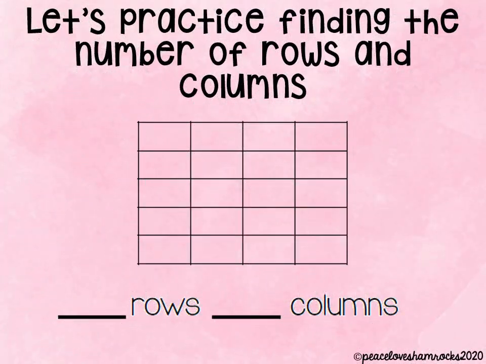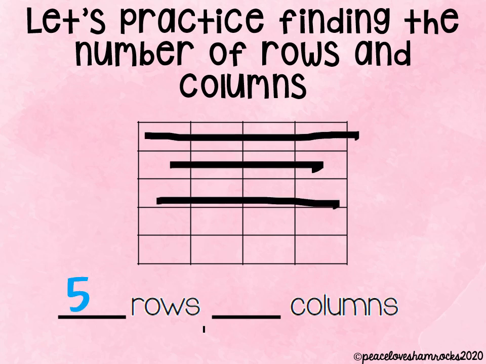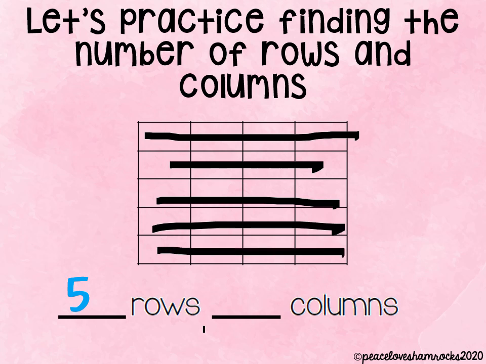Okay. How many rows? We have 5 rows. 1, 2, 3, 4, 5 rows. And then we also have 4 columns. 1, 2, 3, 4. 5 rows, 4 columns.